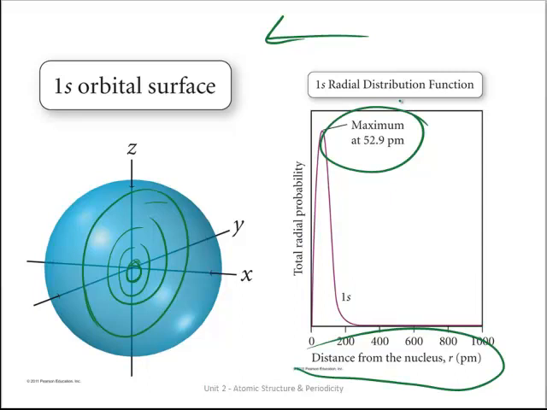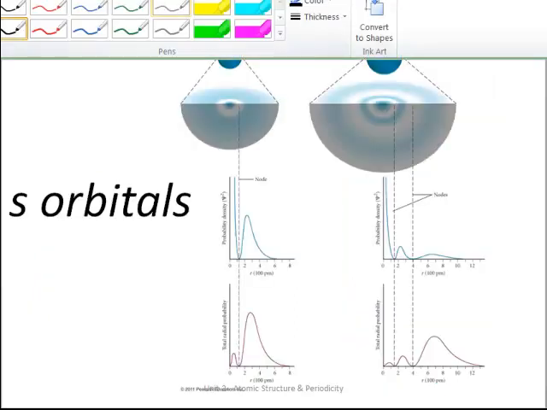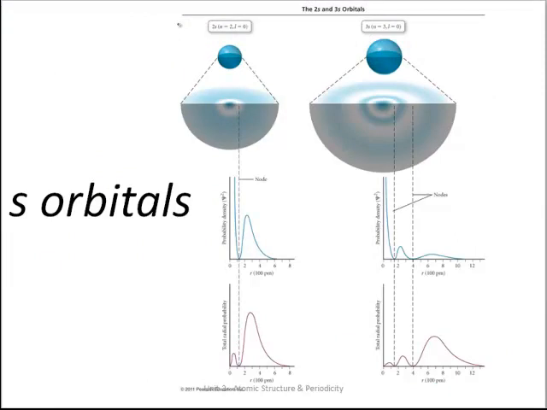Okay. If you go to higher energy levels, as we take a closer look at the probability density plots for the s orbitals, l equals 0, of course, we can look at the higher energy levels, n equals 2 and n equals 3.